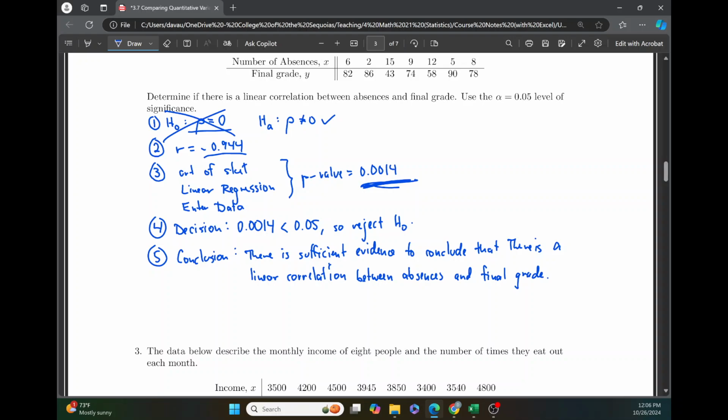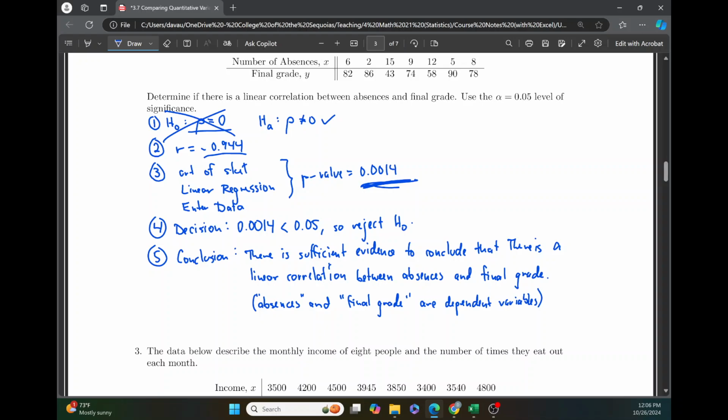Okay, another way to say that is that absences and final grade are "dependent variables," right?